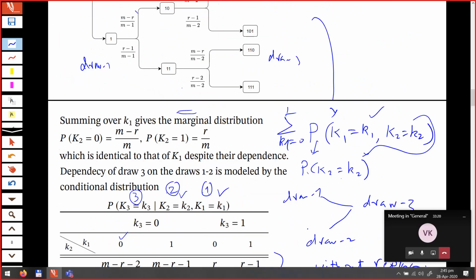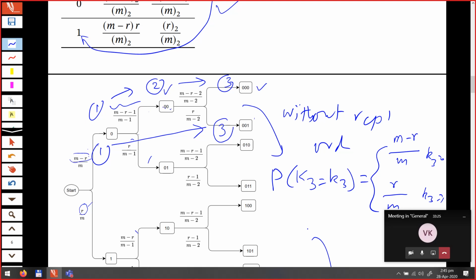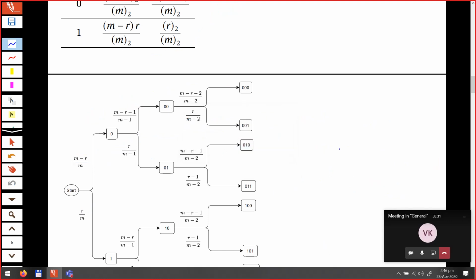Maybe you can look at this diagram to see some understanding of this. Let me just remove everything now. Say this line is draw 1, yeah? This one circle means draw 1. This line is draw 2.